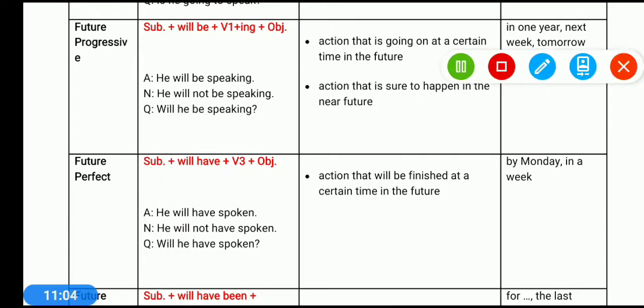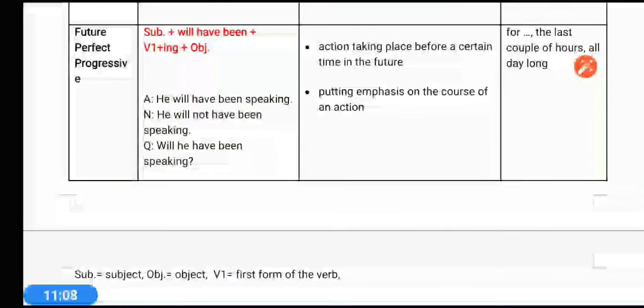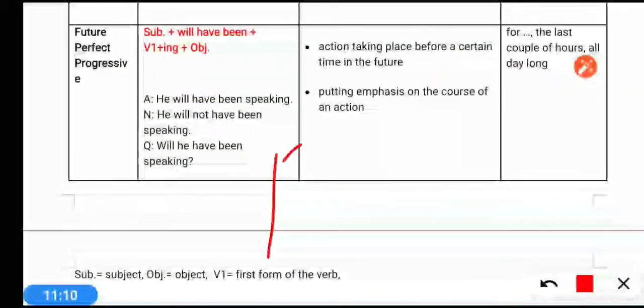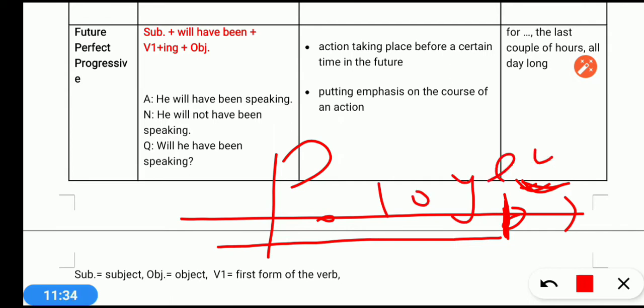And the last one is future perfect continuous tense. When we talk about an action in the future that will be going on or completing by this time. Like he will have been completing his preparation for 10 years by next month. Means when next month comes, his preparation will be 10 years.